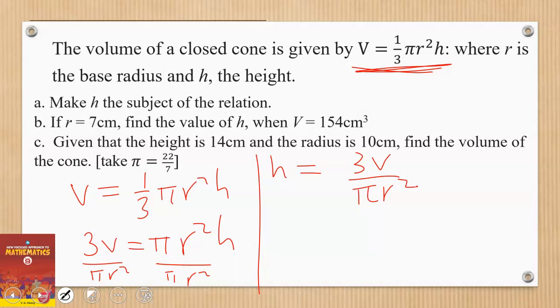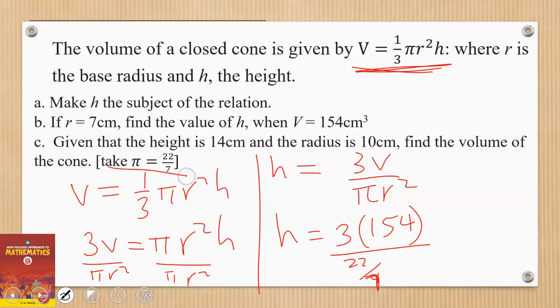Then the second says that if r is defined as 7 and V is defined as 154, we should find the value of h. So h is equal to 3 times V, which is 154, divided by pi. According to the question, pi is 22 over 7, as they gave us over here. Then times our radius, and the radius is 7 squared, so 7 times 7.